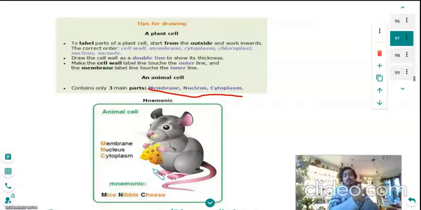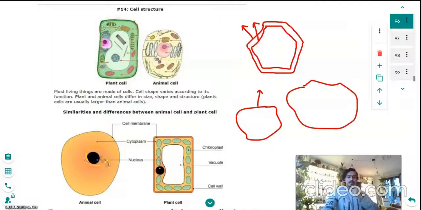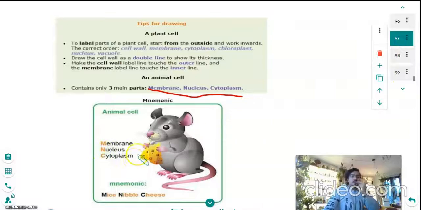N for nucleus, which is like the dark spot, the brain of the cell. Let me just show you once more here. And the last part for the animal cell is the cheese. C for cytoplasm. So remember, mice nibble cheese.